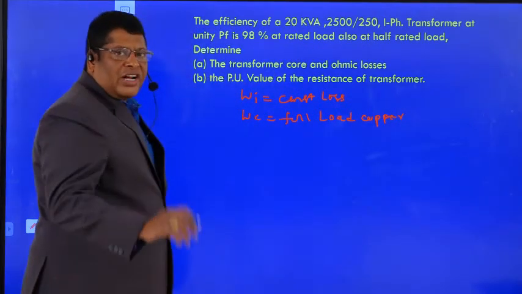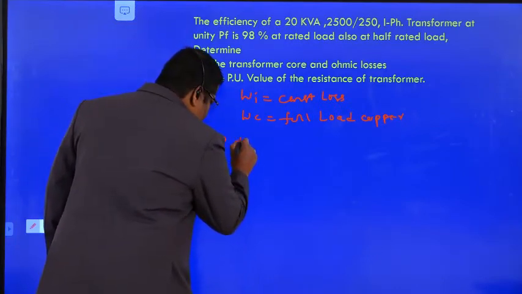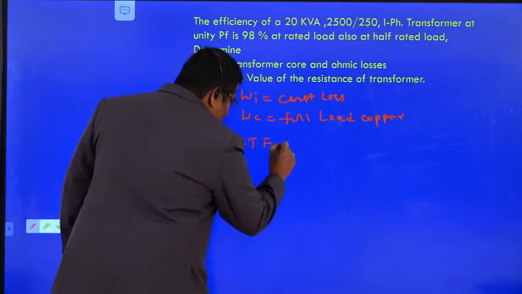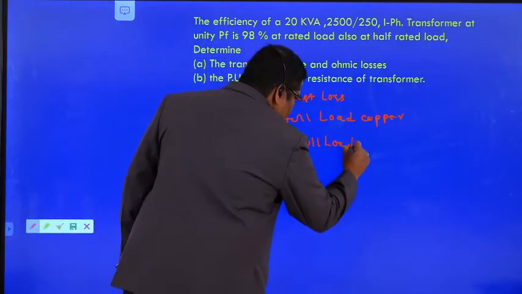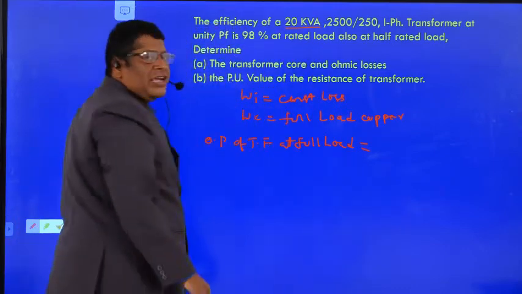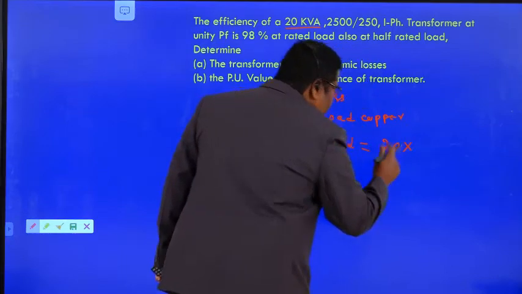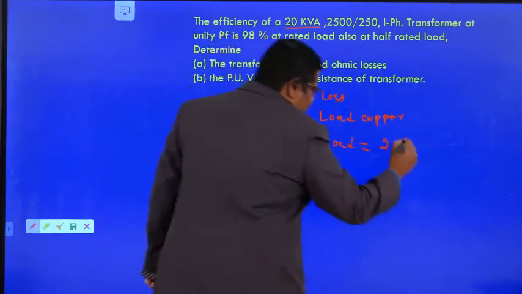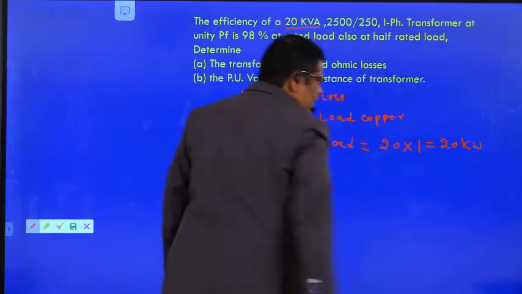Now the output of the transformer at full load is 20 kVA into the unity power factor, so 1, that is equal to 20 kilowatt output power.